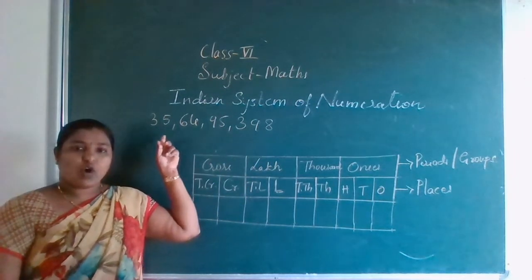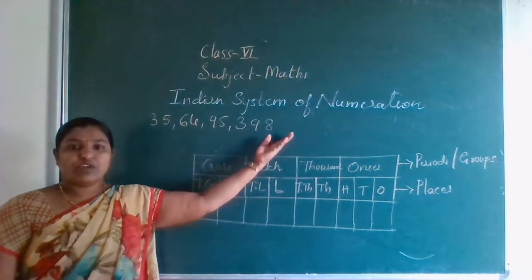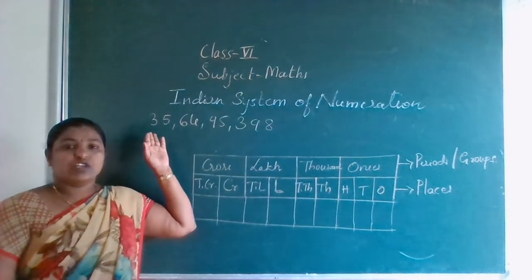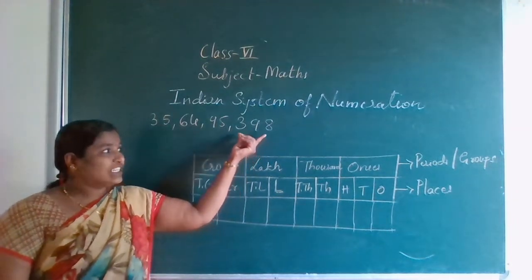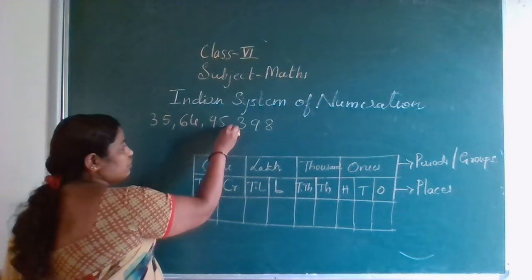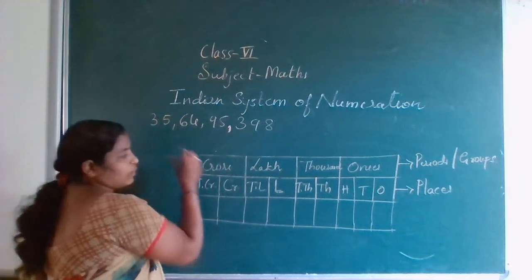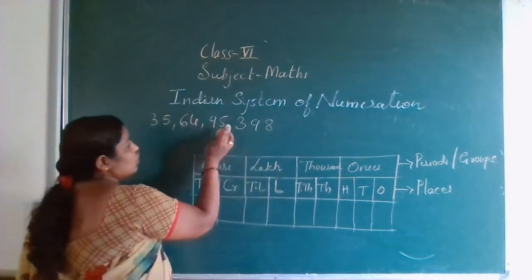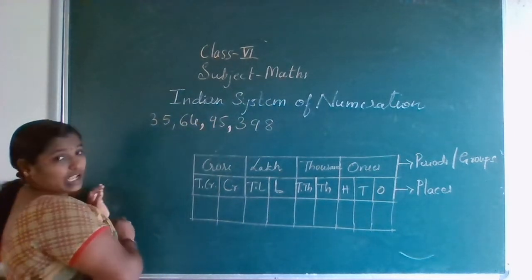So for giving commas according to the Indian system of numeration, we should give the commas from right to left. First we make a group of 3 numbers, and after this we give 1 comma. Then after that, 2. Why? Because the thousands group has only 2 places. So after 3 digits you give a comma after 2 digits.